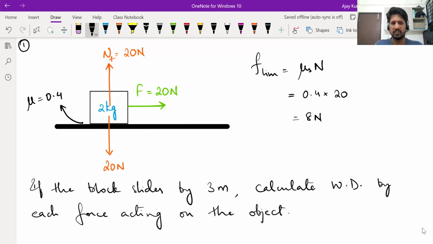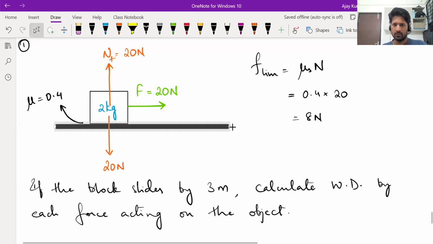There are 4 forces acting on it: weight, normal force, the force of 20 Newton, and friction. In a displacement of 3 meters, which way will the displacement be? To the right. So in a displacement of 3 meters to the right, find out the work done by each of these forces.